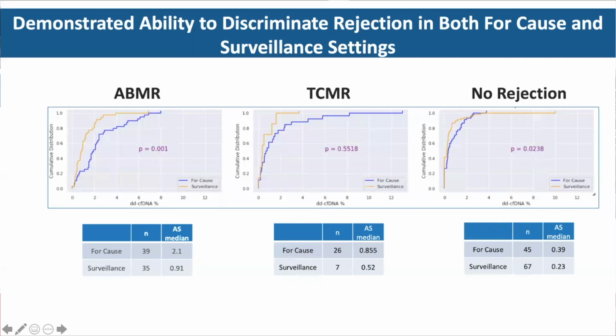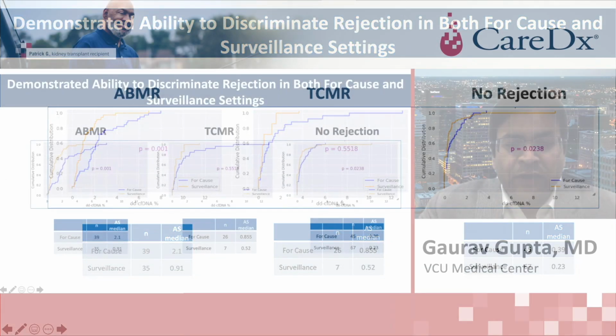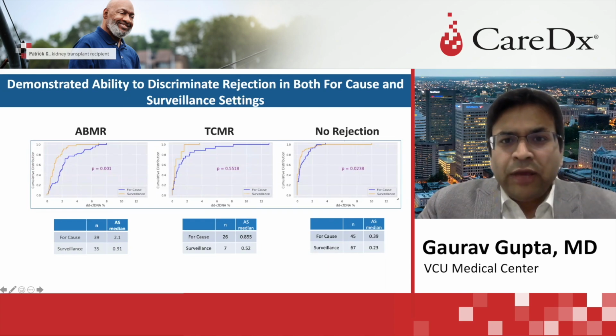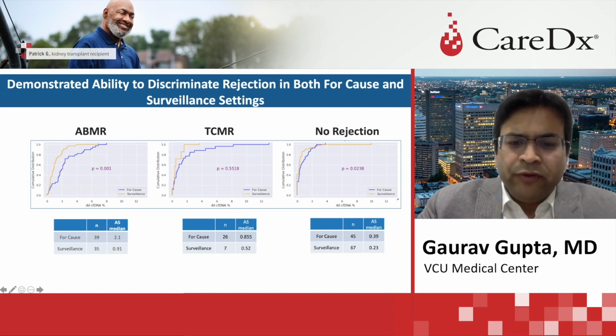Once again, these numbers do suggest that cfDNA elevation is higher in ABMR than in TCMR. But the median cfDNA for either ABMR or TCMR is higher than no rejection cases, as can be seen here, indicating that a discrimination ability is clearly preserved above a cutoff of more than 0.5% for the prediction of rejection.